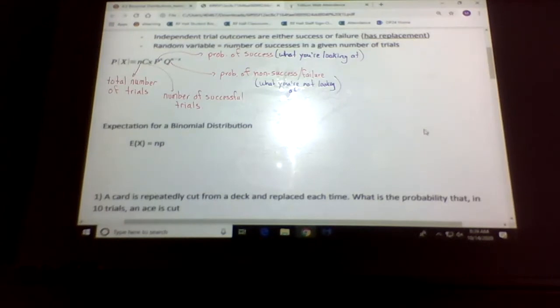So n is the total number of trials, x is the number of successful trials, so what you're looking at, p is the probability of success, and q is the probability of not success or failure.